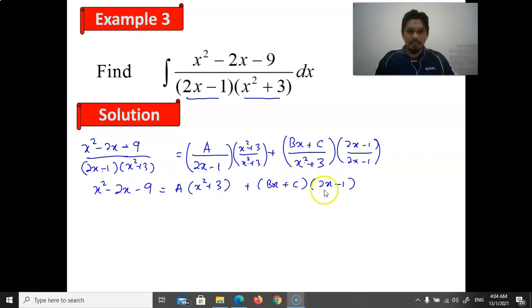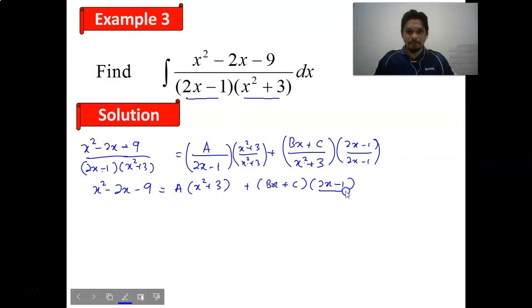So class, there's only one linear factor here. The rest is x squared plus 3.